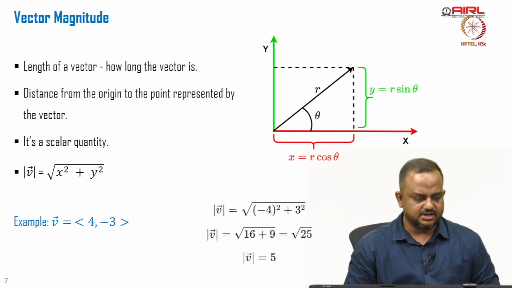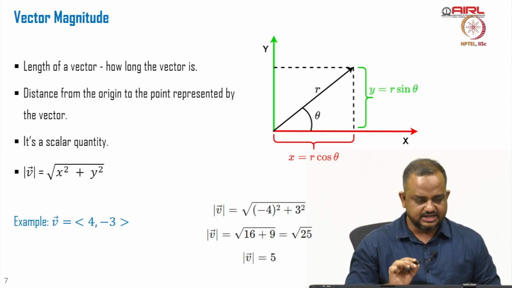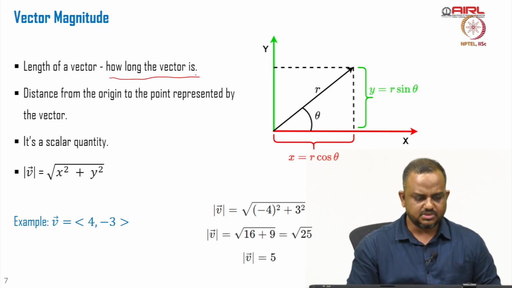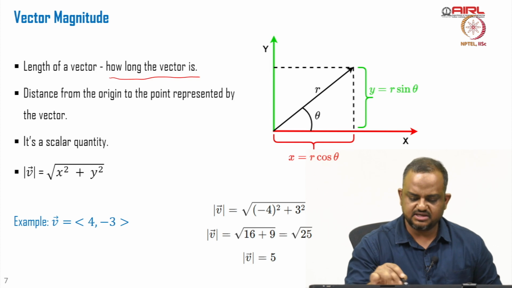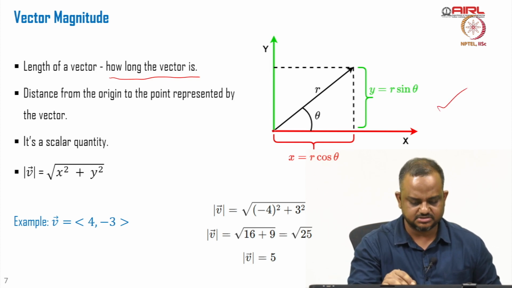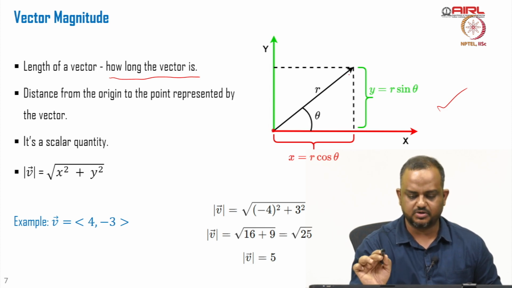Next comes vector magnitude. What is the magnitude of the vector? The directionality is shown by the arrow. The magnitude is the length of the vector. It represents how long the vector is. In this particular figure, this is the origin of the x and y axes, and we are showing it in Cartesian coordinates.